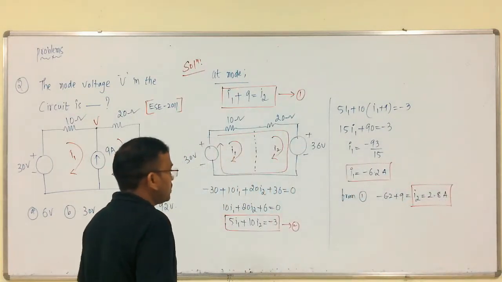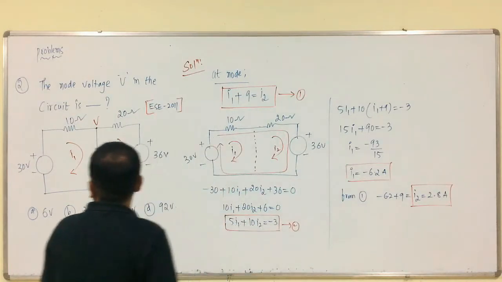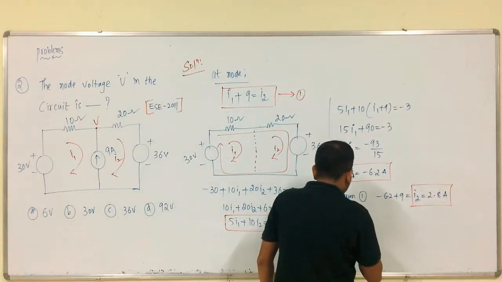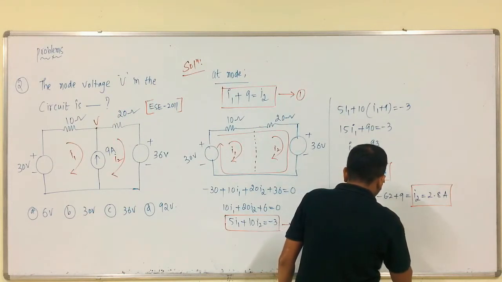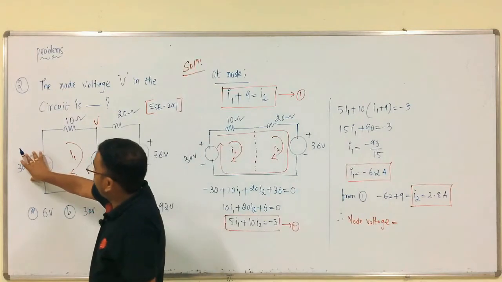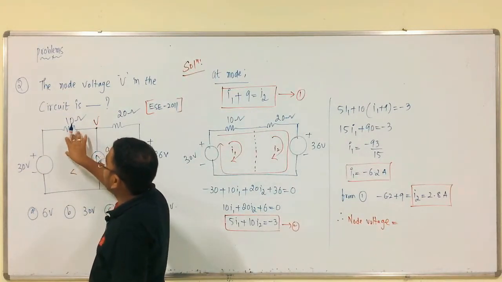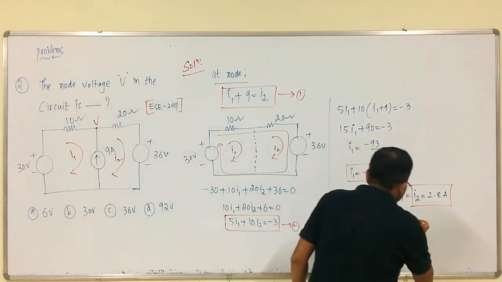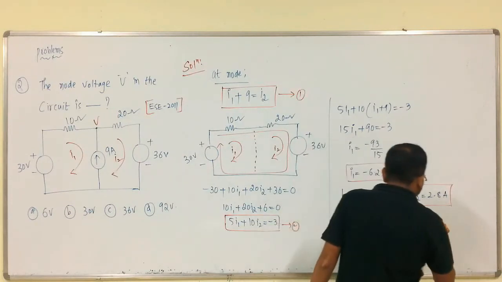So, 6.2 plus 2.8, that is it. Therefore, we can get the node voltage, right. So, the node voltage is simply this supply voltage minus this drop, equal to V, that is it. 30 minus the drop, which is nothing but I1 into 10.